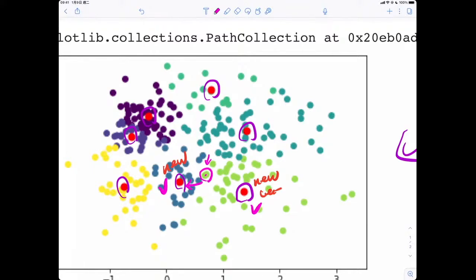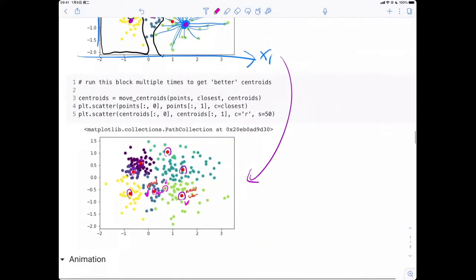Then we find the new central E, and then we do the new partition. New central E, new partition, new central E, new partition, and so on and so forth. After a few rounds, we believe the central Es will not change much. They will be stable somewhere in this space. Okay? And then all the blue points will be partitioned.